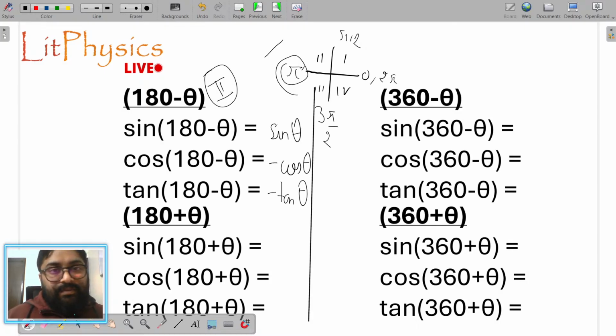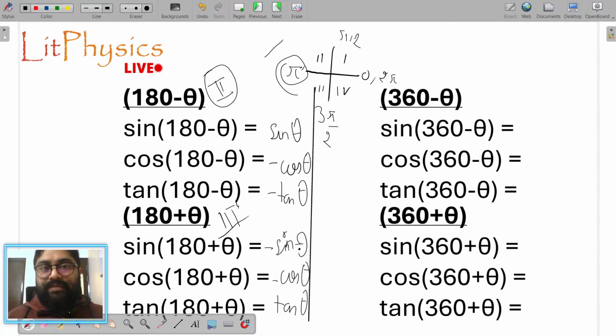180 plus theta, we are in the third quadrant, tan is positive, so minus sine theta, minus cos theta, and tan theta. Easy.